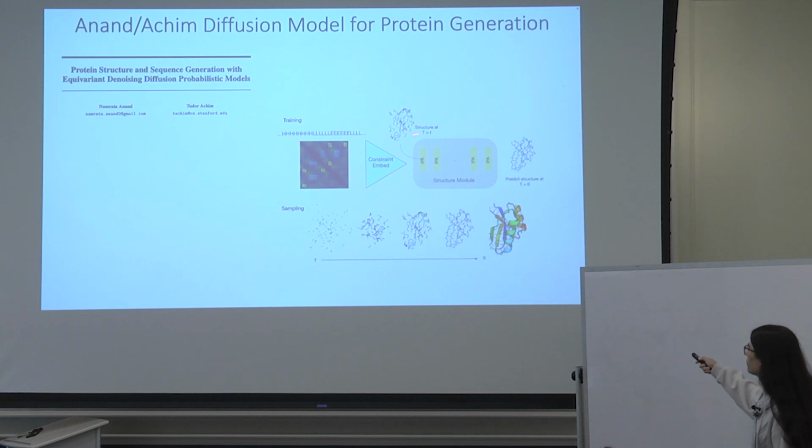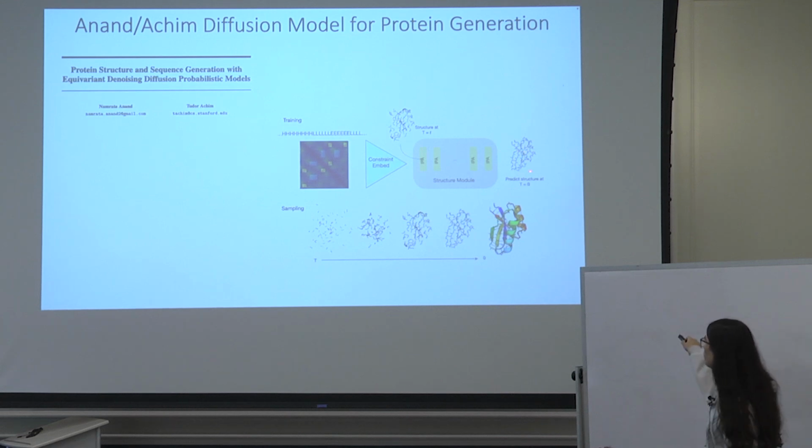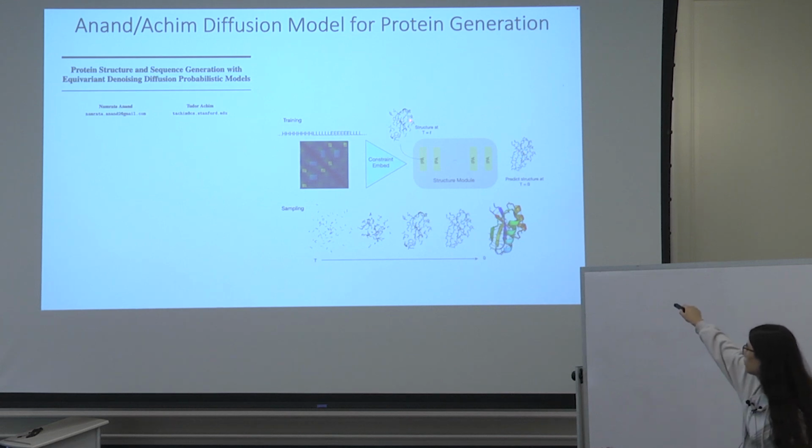Starting from some noised protein structure, you go through this structure module and try to predict a very well organized, ordered backbone. Your denoising process is to go from slightly random noise-added coordinates to real coordinates. This is what it looks like for structure.